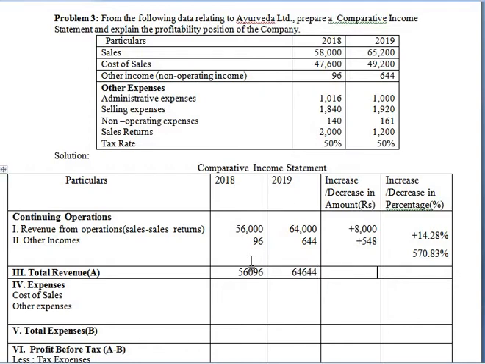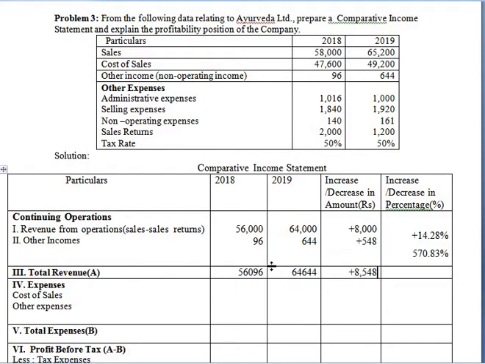Now find out whether the amount is an increase or decrease. The amount of total revenue has increased. How much? 64,644 minus 56,096, which is equal to 8,548. Now here, most important, right here, plus sign.